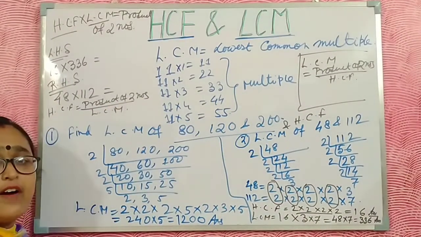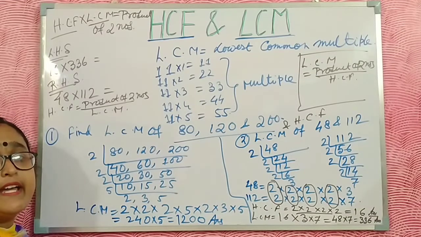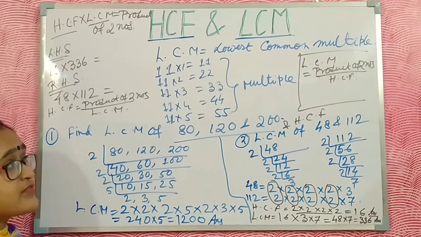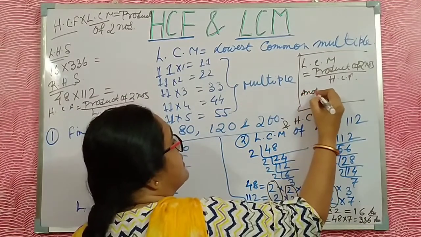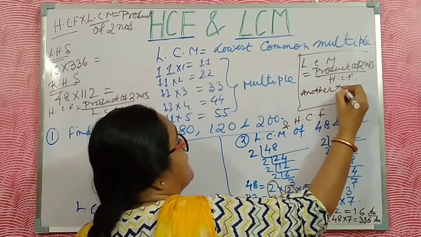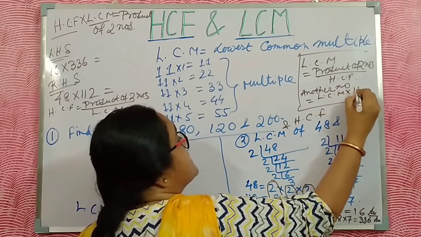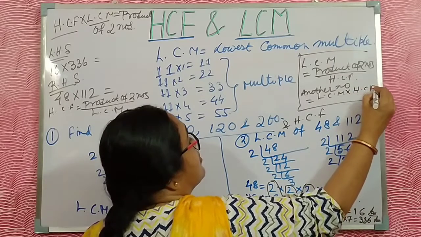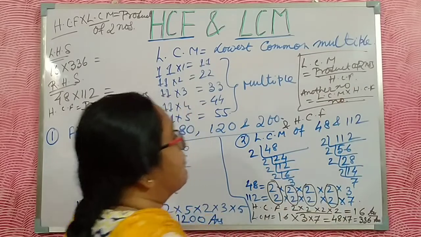You can also find, when one number is given and LCM and HCF are given, the other number. The formula becomes: the other number is LCM into HCF by the given number.